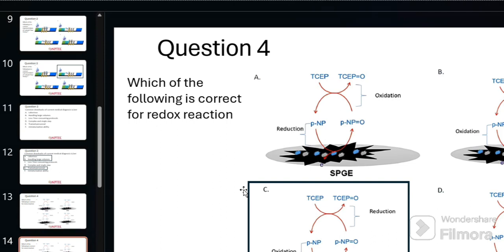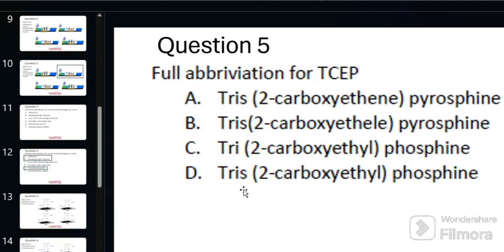So we move to the next question. This was given in the class. What is the full abbreviation of TCP?